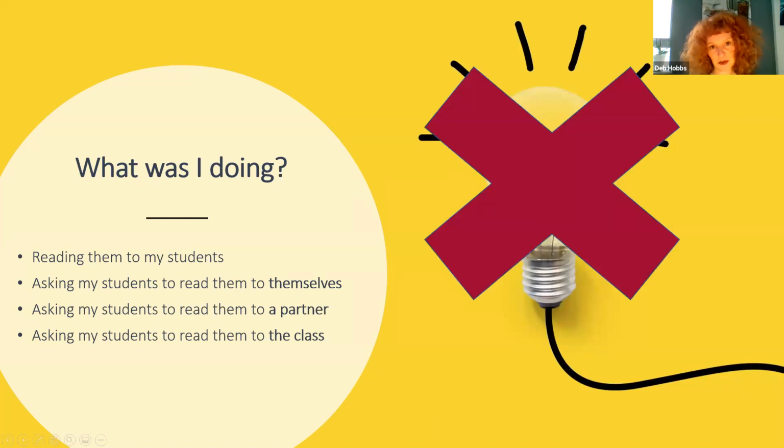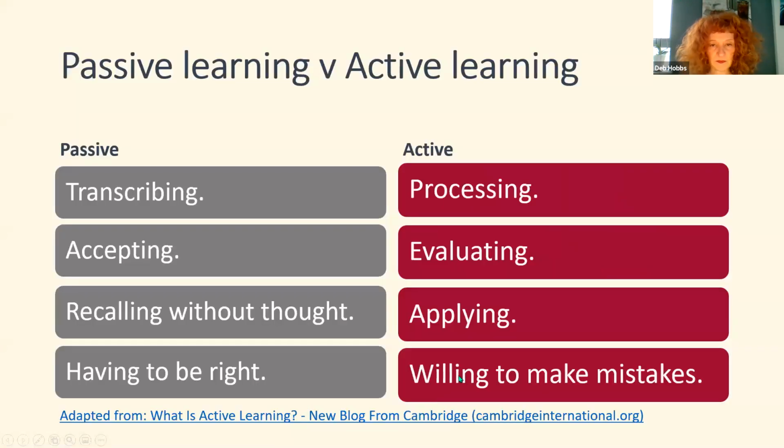So I think a lot of the learning perhaps that the tip boxes offer was lost. So just a little bit then about active learning and passive learning, which is something that I was thinking about when I was thinking about tip boxes, advice boxes, what I was doing with them and what I thought perhaps I could be doing with them.